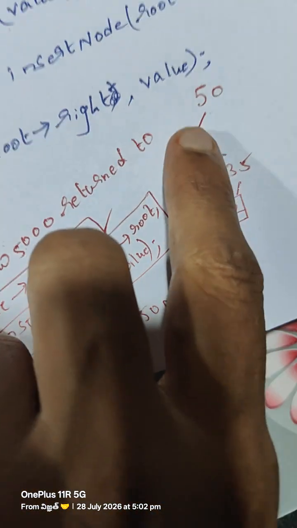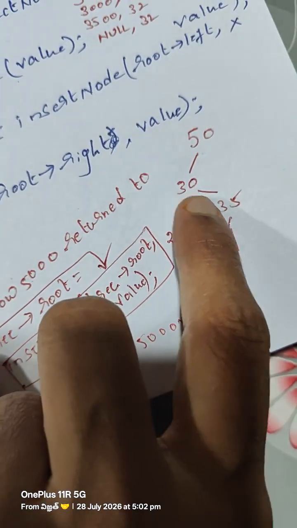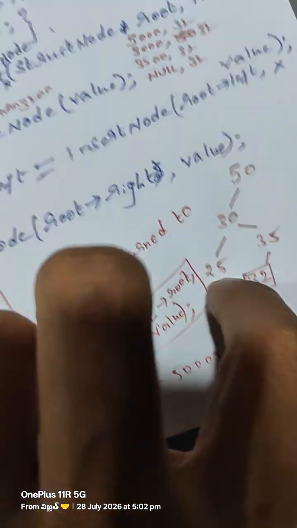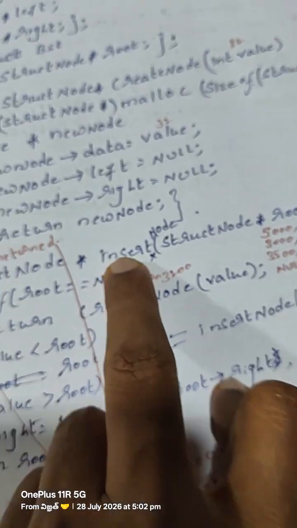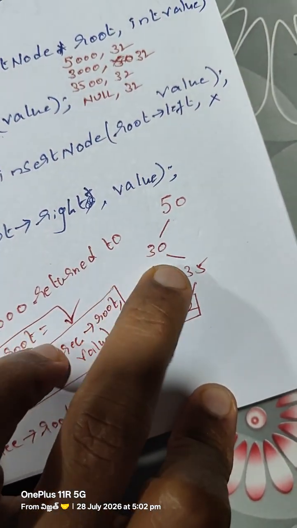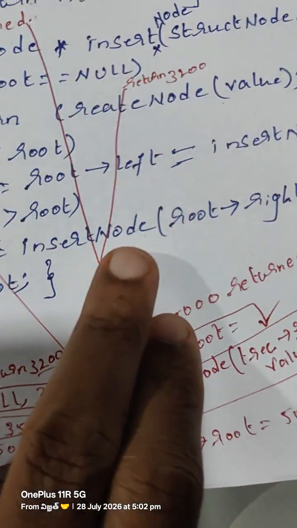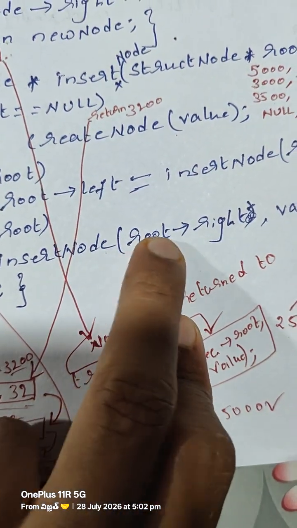So insert again, the same insertion only. Right now we are at 30, right.